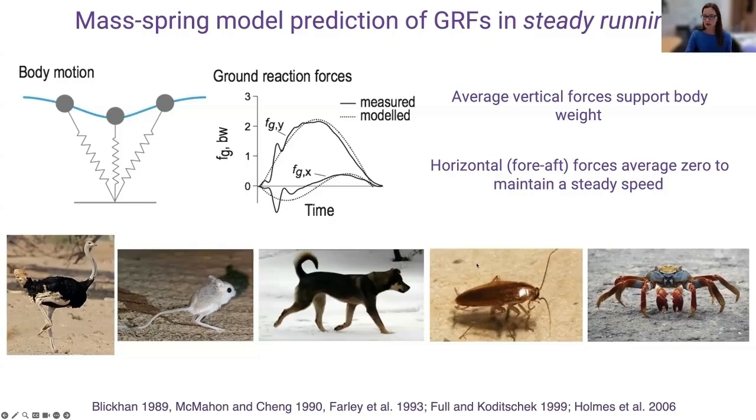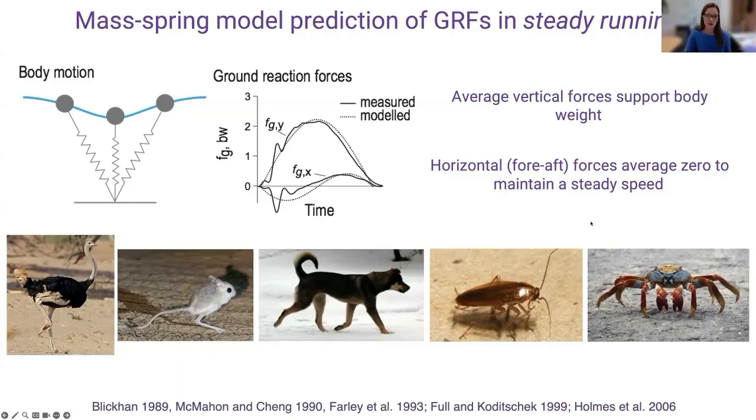Okay. But basically, the mass spring model tells us how the ground reaction force magnitudes change for a specific pattern for speed and cadence of a gait, right? Step length, step frequency combination. We just use basic Newton's laws to ensure that average vertical forces support body weight over the course of a steady gait cycle, and the horizontal fore-aft forces average 0 over a steady gait cycle to maintain a steady speed, right?